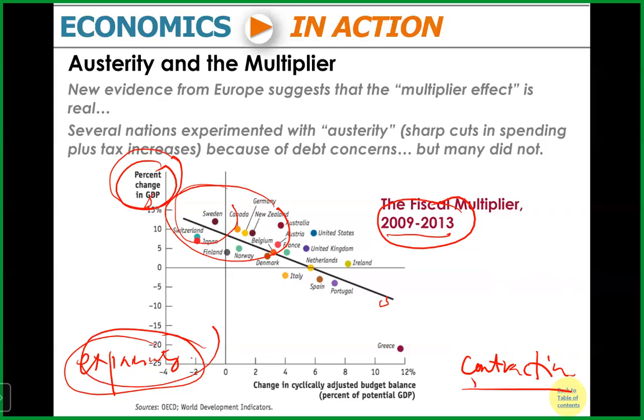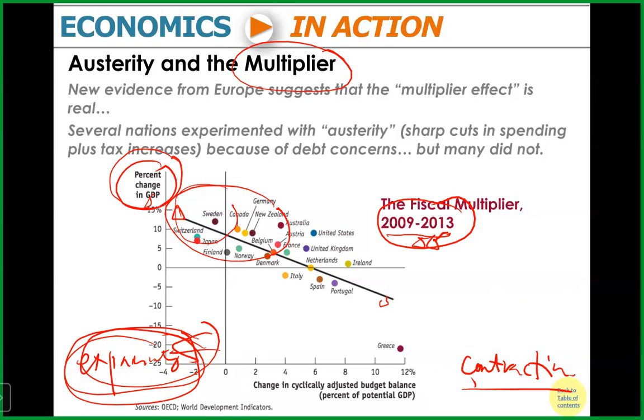Expansionary. Very good. And to summarize, there are two things. Number one, expansionary fiscal policy helps you during this time period. And secondly, there is a multiplier. The more you go into expansionary territory, the higher your growth rate.